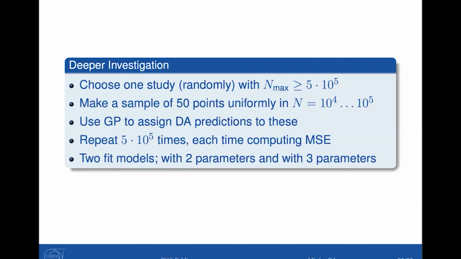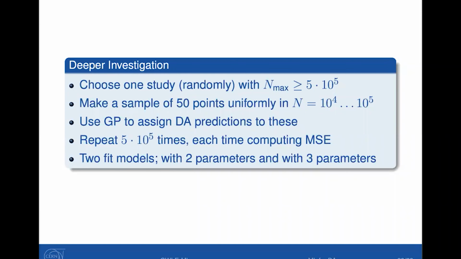If it were a true functional, it would be continuous, but that would not be applicable in programming languages. So it's evaluated at certain points. We choose 50 points between 10^4 and 10^5 turns. We use a Gaussian process to assign the predictions to these 50 points. And we do this 500,000 times for the same study. So we make 500,000 different Gaussian process realizations.